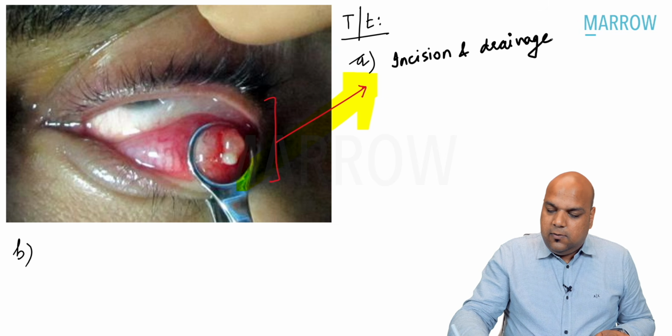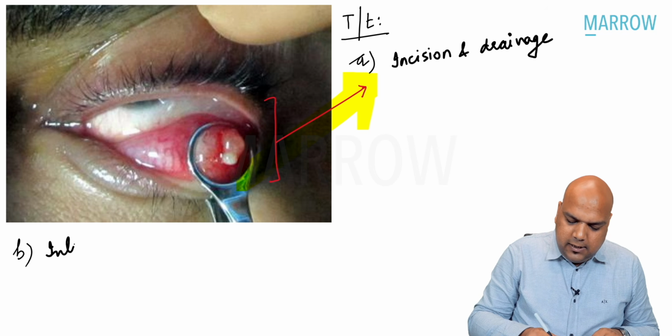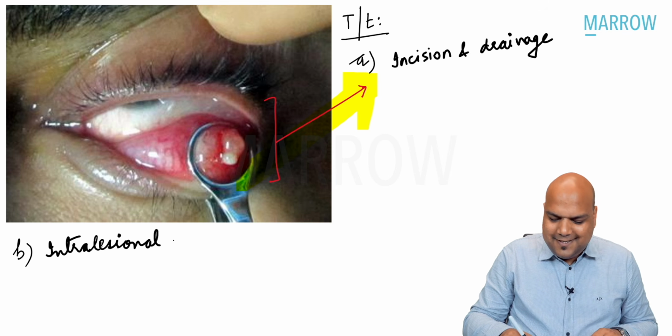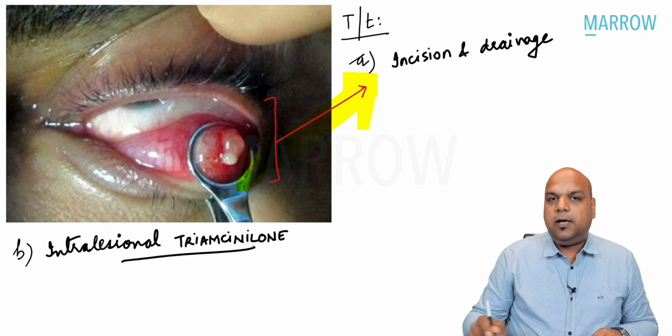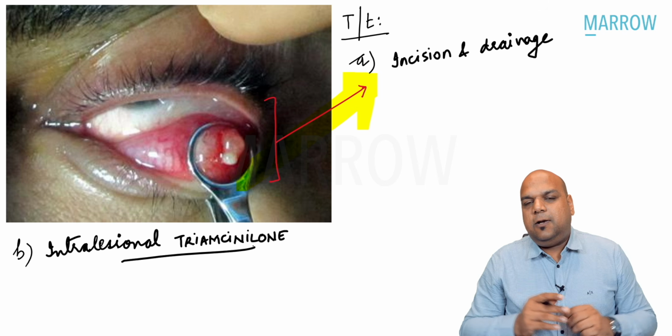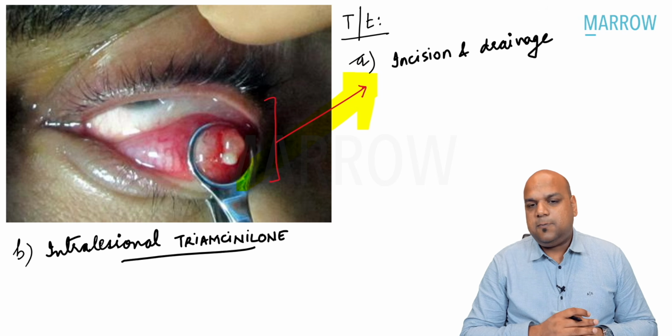Now, do we have another treatment option? Yes, we have another treatment option, which is gaining a lot of traction because it seems less painful to the patient. Intralesional triamcinolone. Triamcinolone is a steroid. A steroid is going to take care of the inflammation, and without any need for incision and drainage, we can treat it, but it is successful only in small cases.